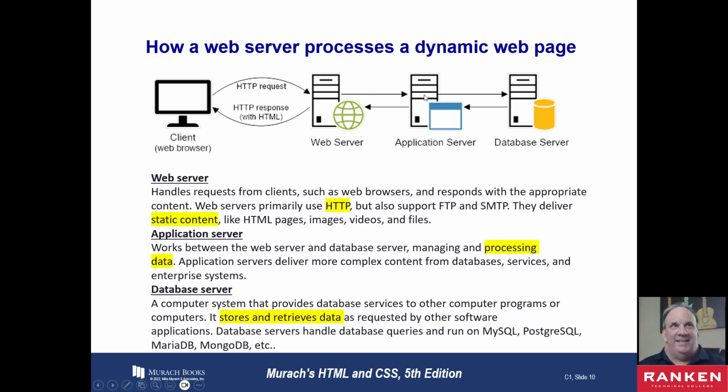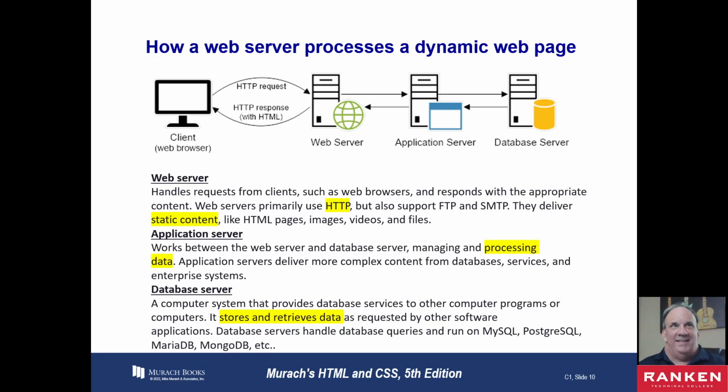Where an application server is actually processing data, right? It's usually grabbing something from the database and returning it back to the web server, which passes it back to the client. But the application server is doing a lot of processing. You usually have computer languages running on this.